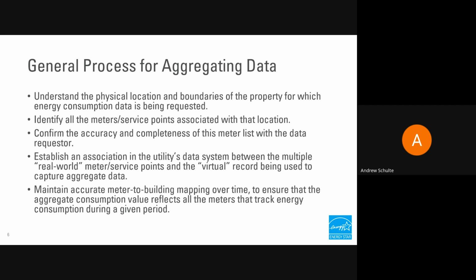And the important thing to note here is that doing this, what we call meter to building mapping, is probably going to be where you spend the most time that first time the building owner requests their data.